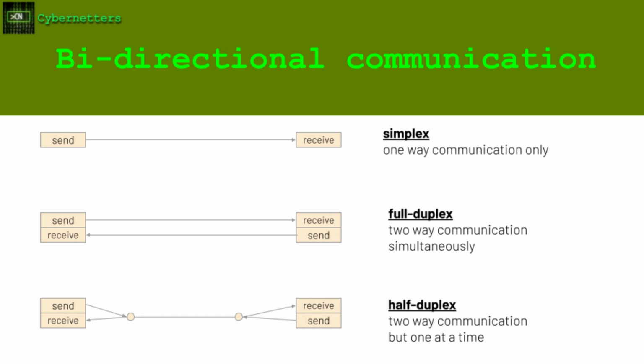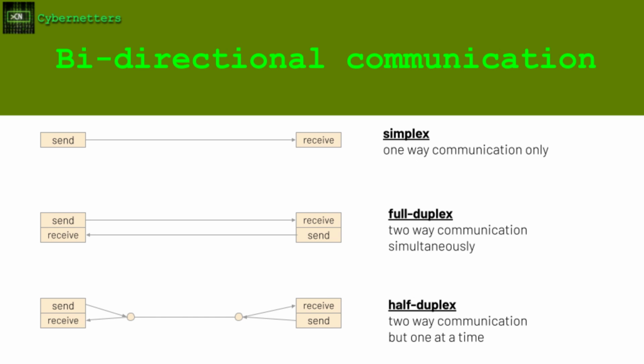The next one is full duplex, which is two-way communication that can happen simultaneously. So thing A can send to thing B, and thing B can send to thing A at the same time. For example, that could be a phone call or your Ethernet cable.